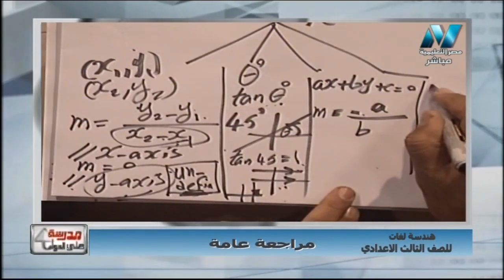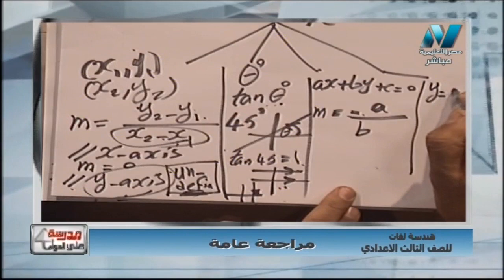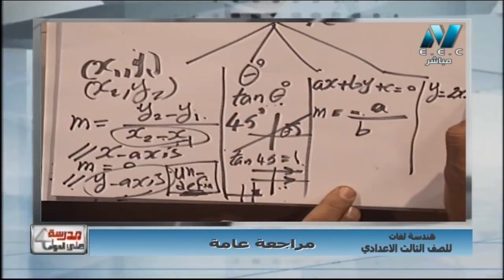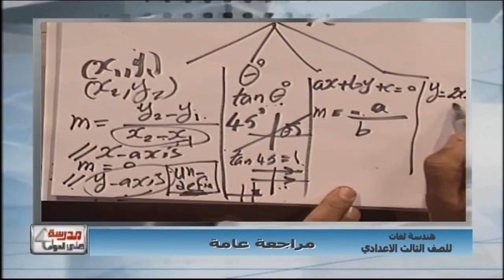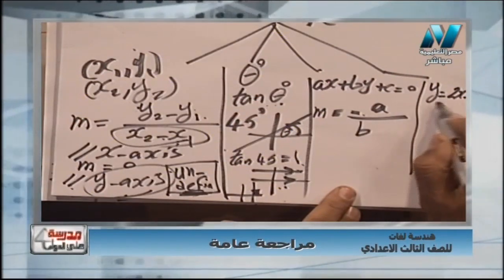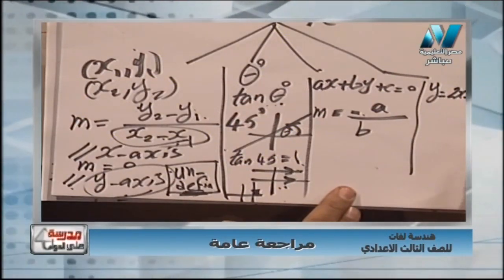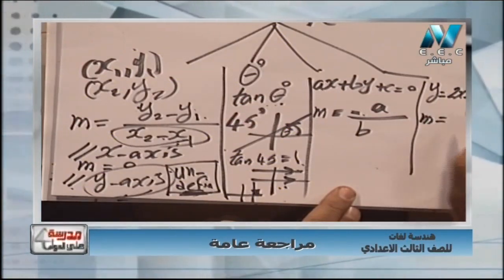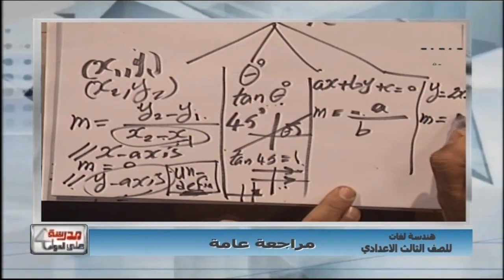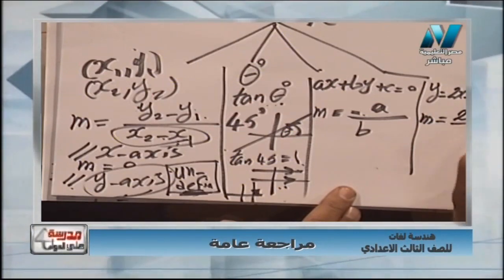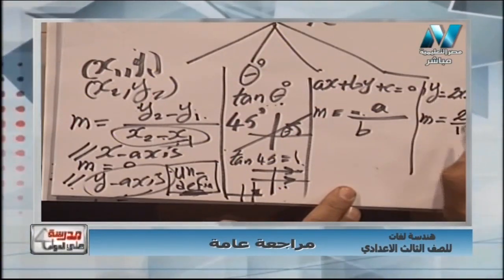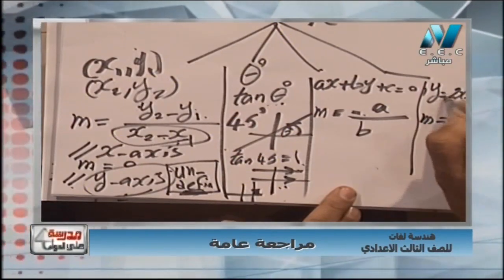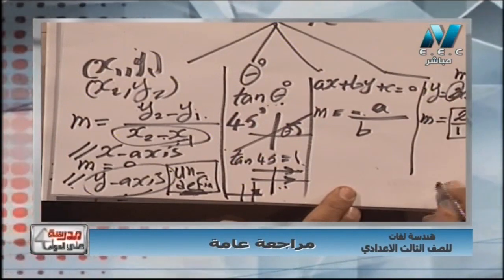Or if we have y equals 2x minus 1, the x is not with y on the same side. The slope here means the coefficient of x, which is 2, over the coefficient of y, which is 1. And this is directly sometimes called m.